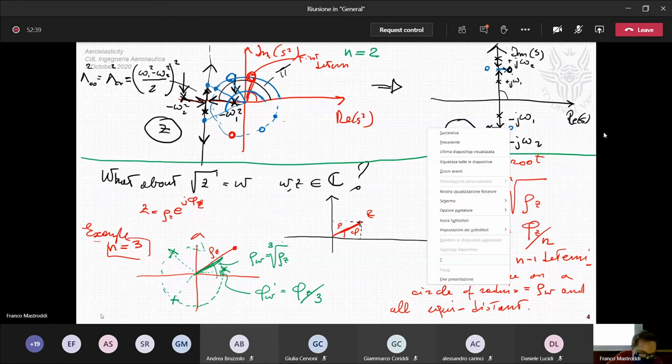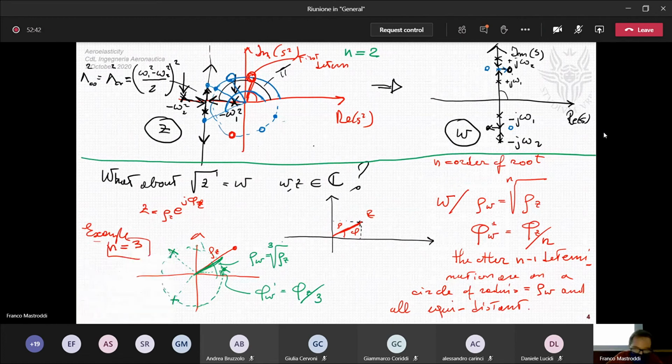At the end of the story, your root locus is composed of these two branches. You have a starting pole here going down, a starting pole here going up, a coalescence, one on the right hand side and one on the left hand side, and the same picture down here in the negative part of the imaginary axis is specular.